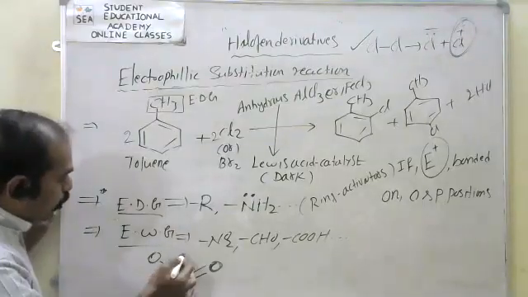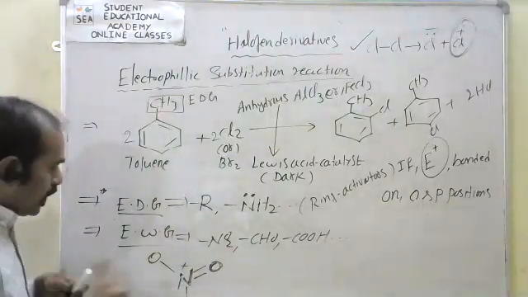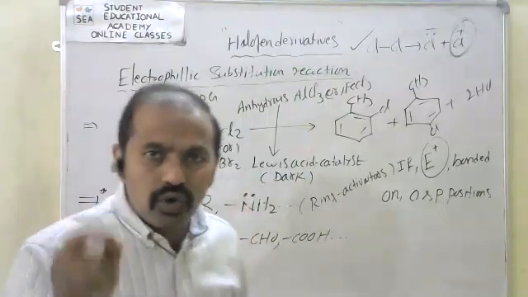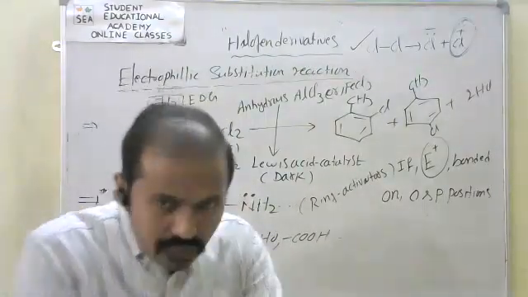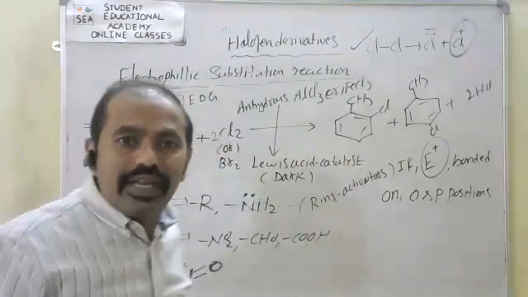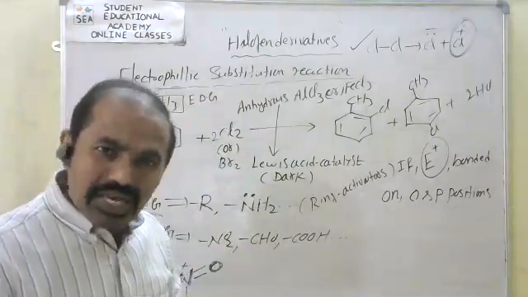So when this NO2 group is bonded on the ring, it always pulls the ring electrons towards itself. So it is called an electron withdrawing group. Not only here.